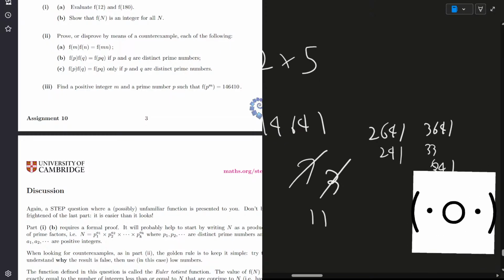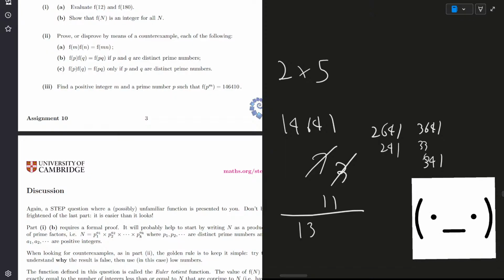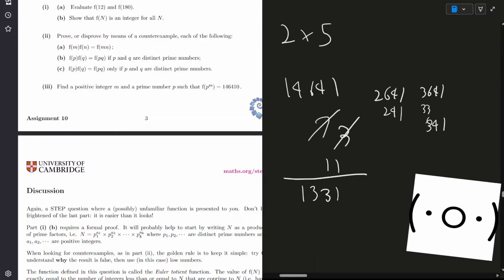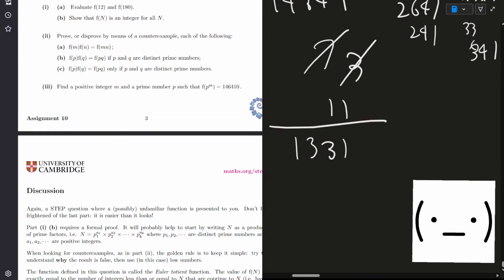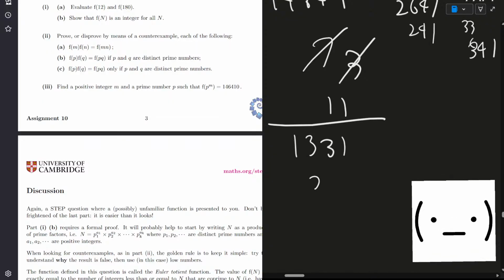Right. So, 11. How do you divide this by 11? So you got 1, you got 3, you got 3 again, you got 1. Is it just 11 again? I think this is just 11 again, right? Yeah, it's just 11 again.